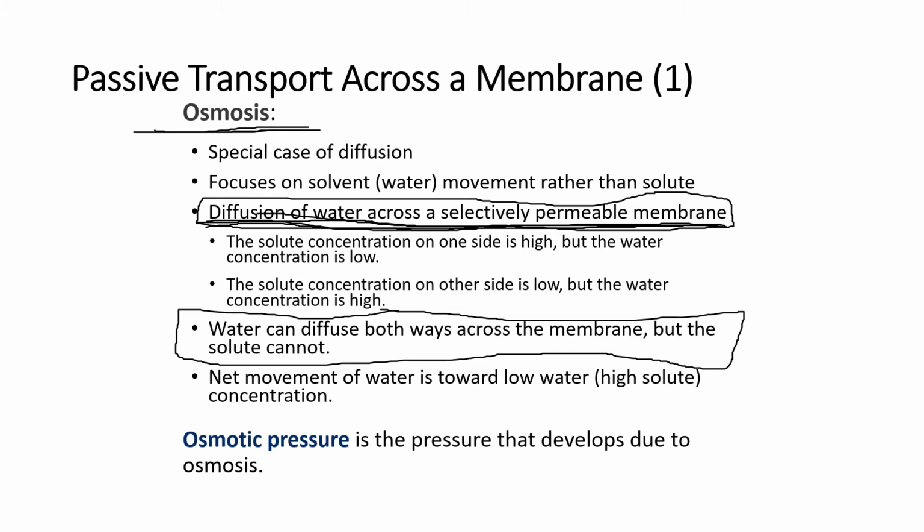And water will always move to where there's more solute. So our movement of water will be to where there's lots of solute. Water is going to try to dilute that solute.